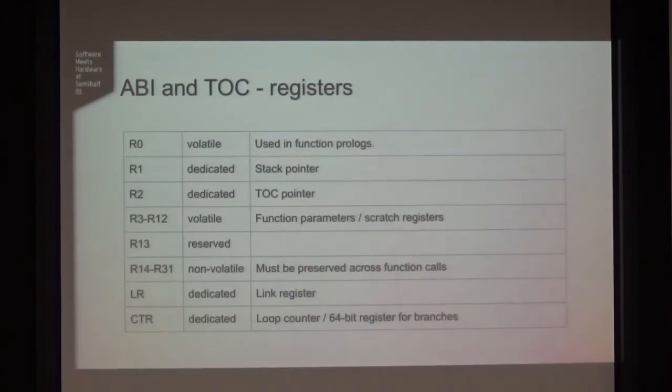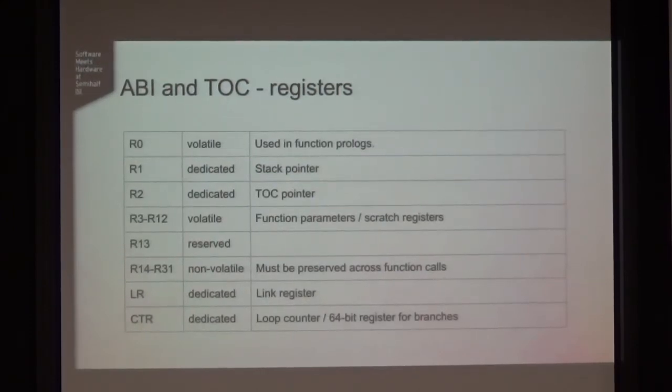It has some registers dedicated for function parameters. Some of them are used for storing variables, being non-volatile registers, and some of them, by convention, are used for special purpose. And the first one is R1, which on PowerPC 64 is a stack pointer. The second one, which is very different from other architectures, is R2.